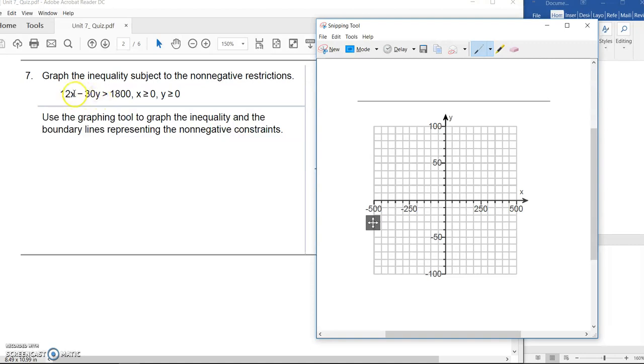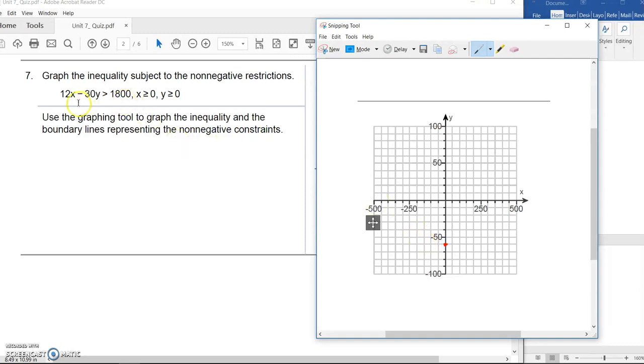So if you plug in 0 for x, you get negative 30y equals 1800. So divide both sides by negative 30. You actually get negative 60. So on the y-axis, find negative 60. So down here, that's negative 50. So this is negative 60. So I mark that with red.